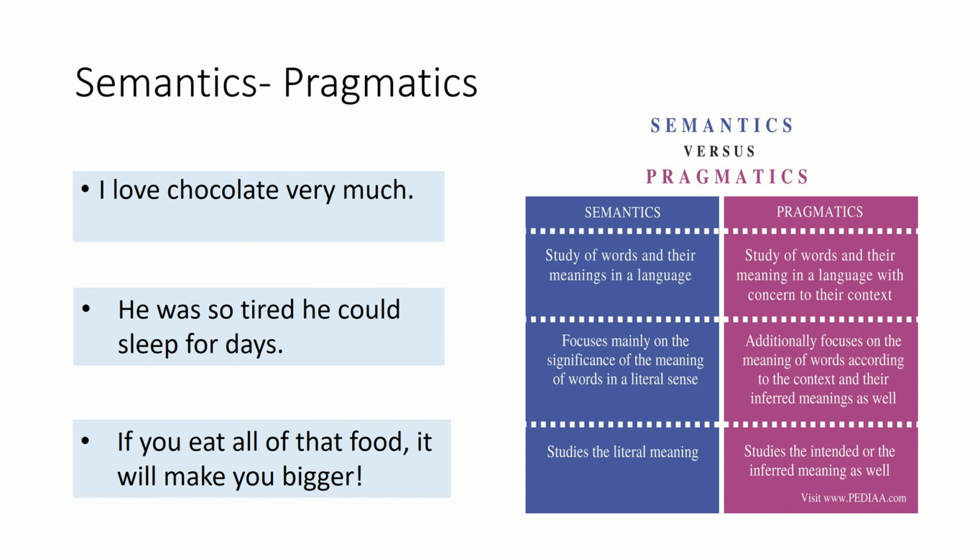As an example, when a child says "I love chocolate very much", when we think of it as semantics, we can only think that he loves chocolate very much. But when we think of it in pragmatics, it may mean "let's go and buy chocolate." In this respect, pragmatics is about what is conveyed rather than just what is said.